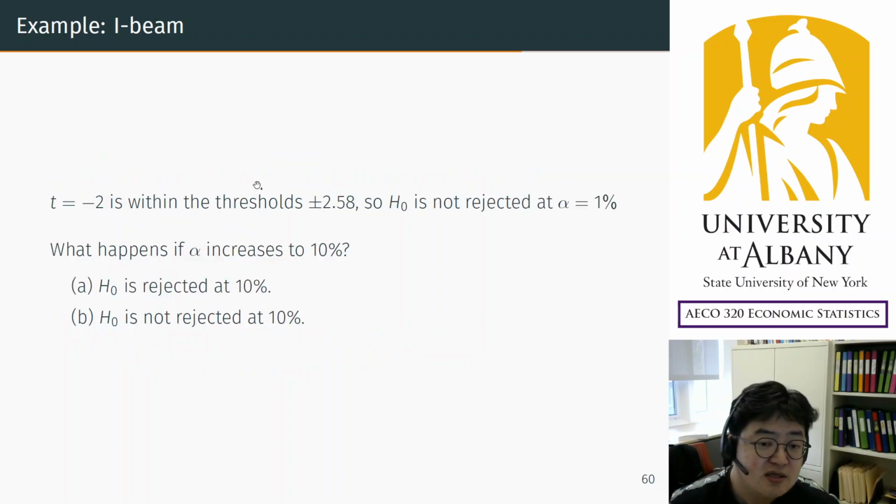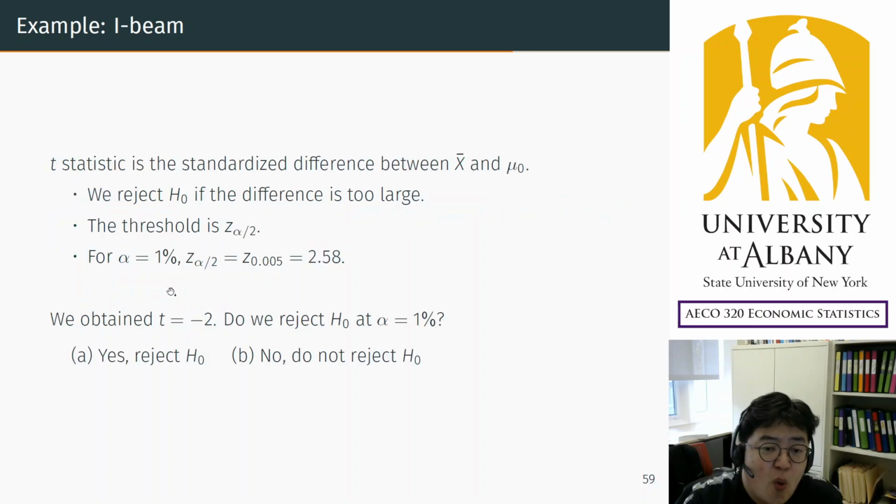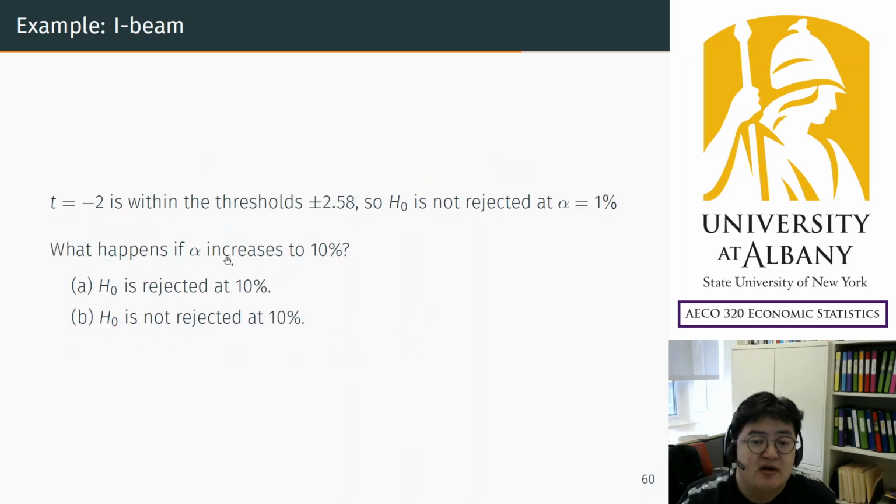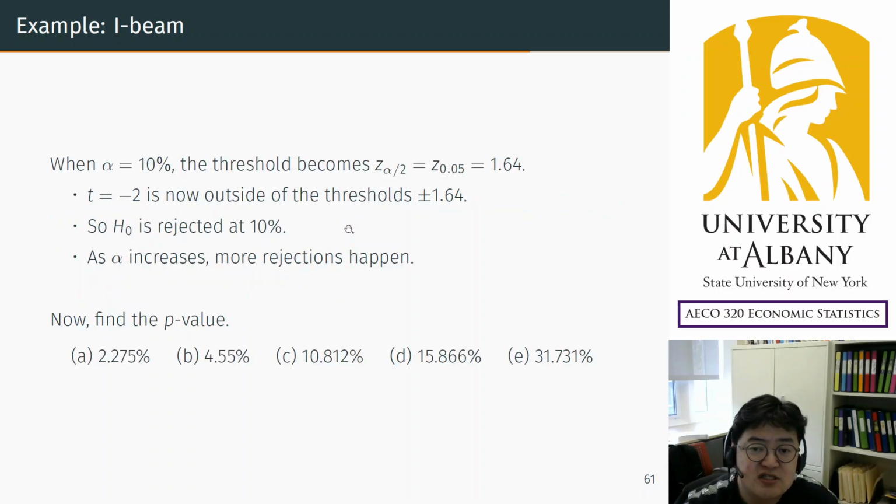Okay. So then I'm asking you, what happens if you increase the significance level to 10%? Okay, so when you increase alpha, you have to change this number. The threshold, plus minus 2.58, must become plus minus 1.64, right?